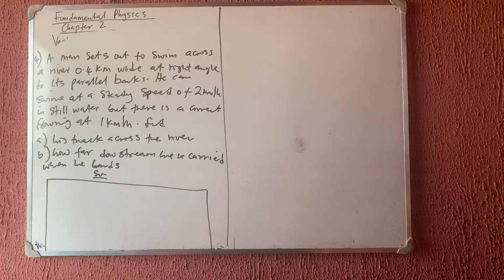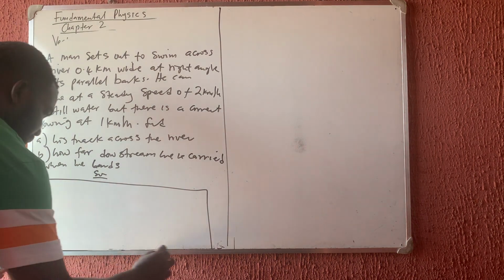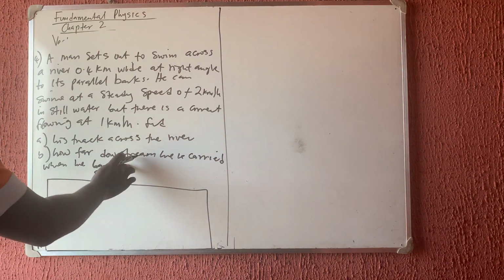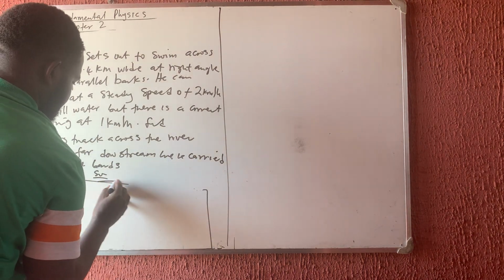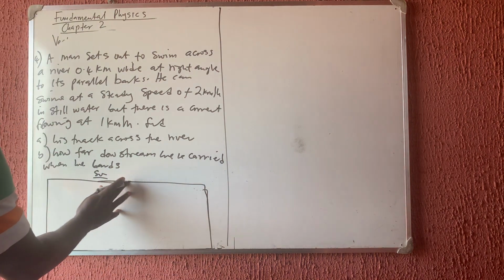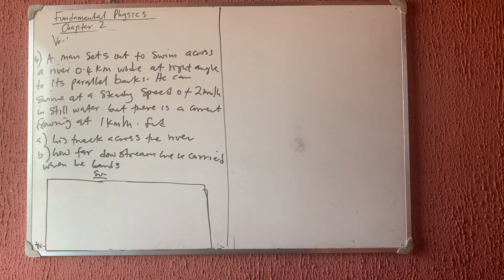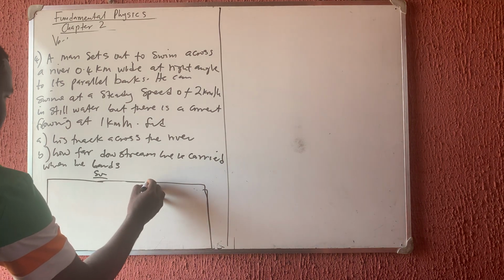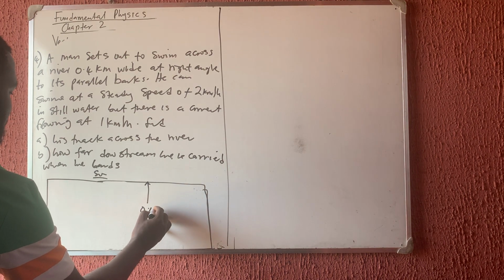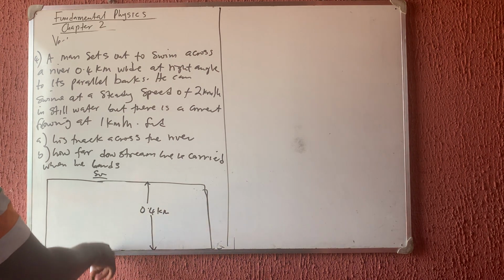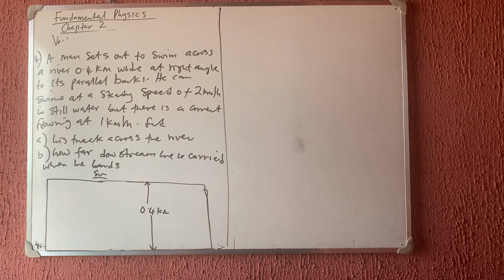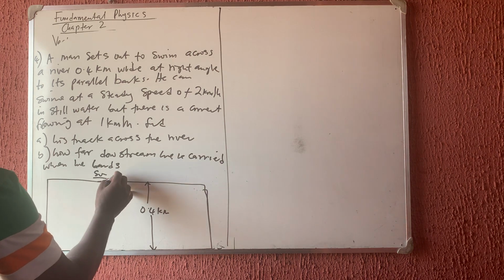They say that this man wishes to cross directly, from here to here, and this river has a distance, the width from here to here, of 0.4 kilometer.